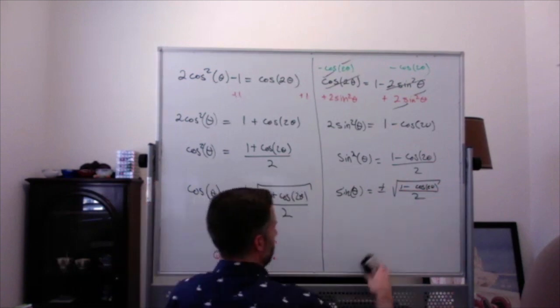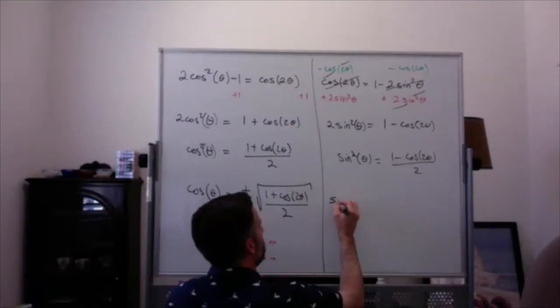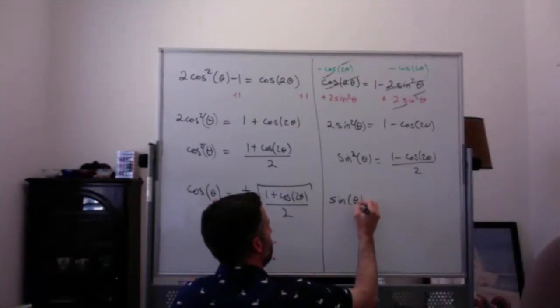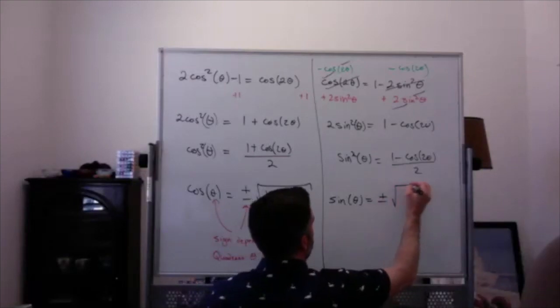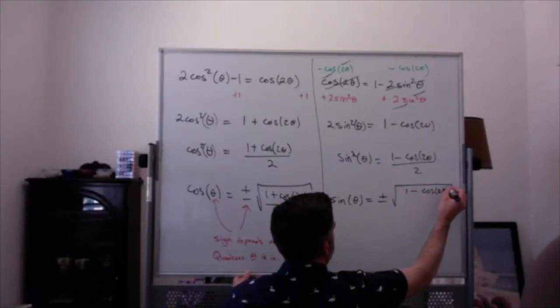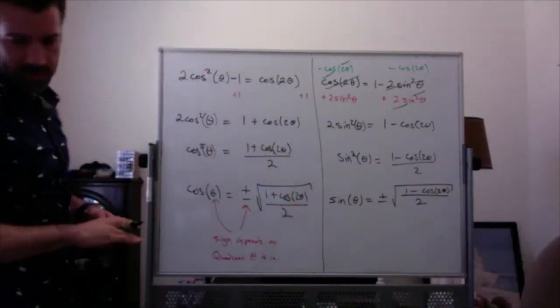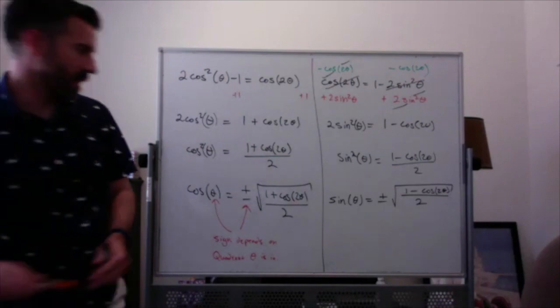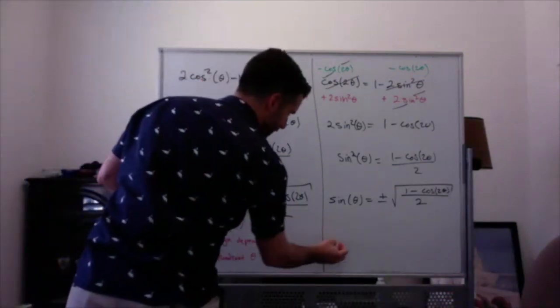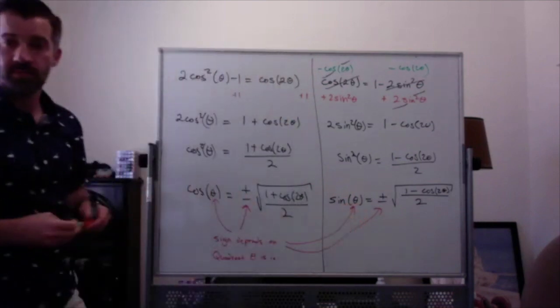Sorry, I didn't write that very nicely. Let me write that a little bit nicer. Sine of theta is equal to plus or minus the square root of 1 minus cosine of 2 theta all over 2. And just like over here, the sign depends on the quadrant that theta is in.